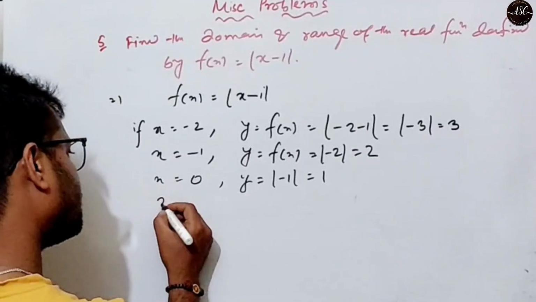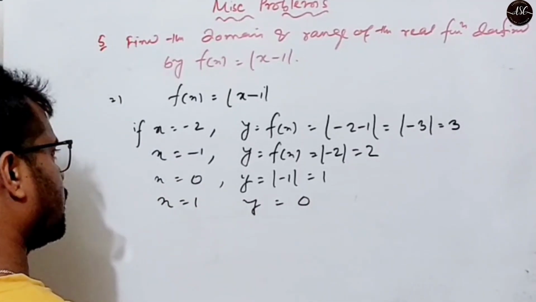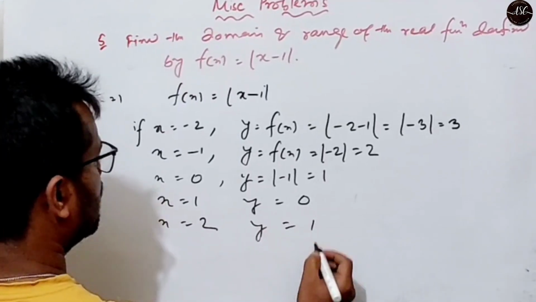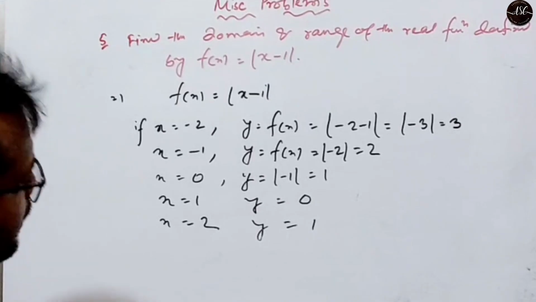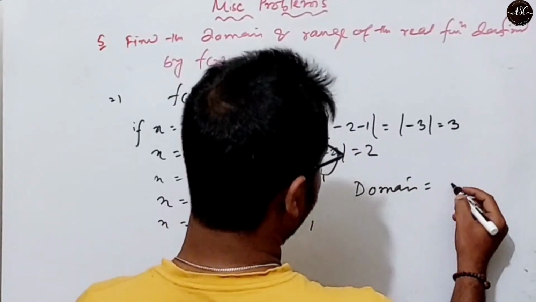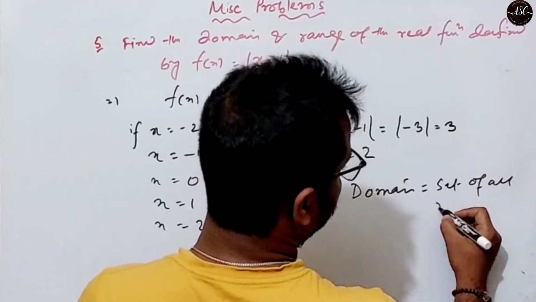Okay. x equal to 1, that means y equal to 0. Okay. x equal to 2, y equal to 1. Okay. So here we find that the domain will be set of all real numbers.